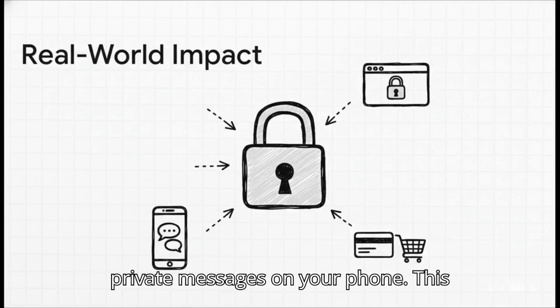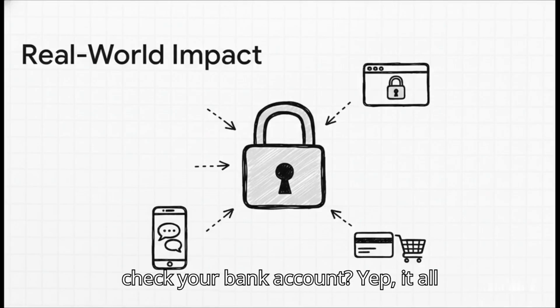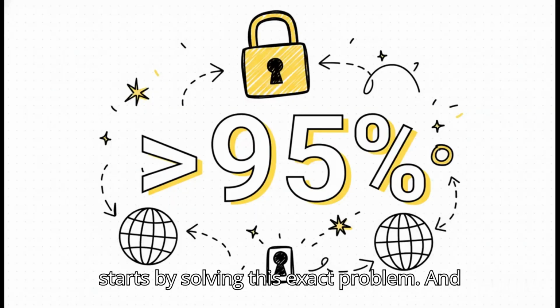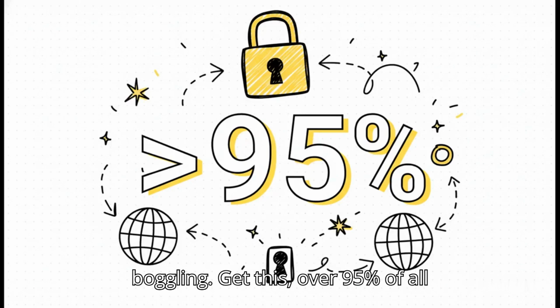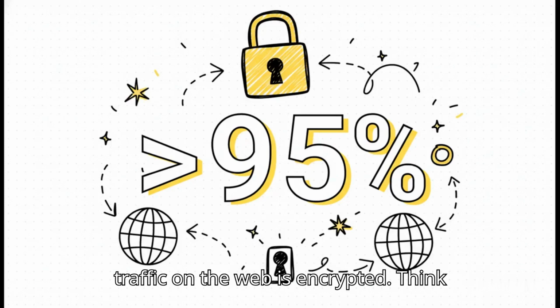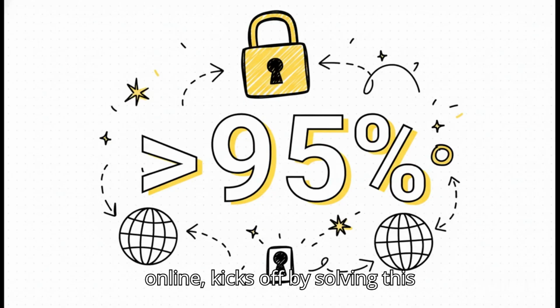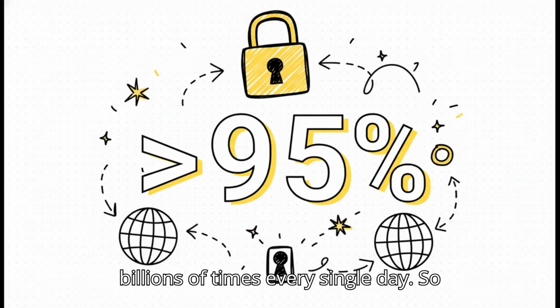Your private messages on your phone? This. Every time you buy something online or check your bank account? Yep, it all starts by solving this exact problem. And the scale of this is just mind-boggling. Get this, over 95% of all traffic on the web is encrypted. Think about that. That means pretty much everything you do, everything we do online, kicks off by solving this seemingly impossible problem. Billions and billions of times every single day.